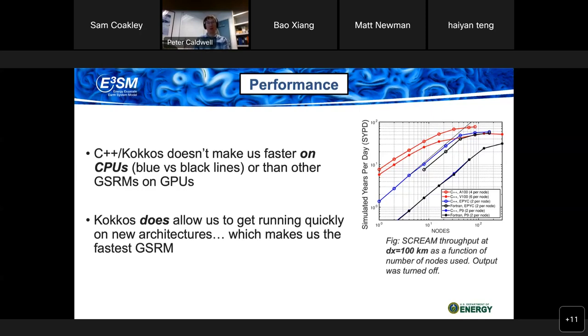So switching to C++ Kokkos doesn't make us intrinsically faster on a particular machine. But the thing that it does do, the thing that we intended it to do, and I think was super successful, is that it allows us to get onto these new architectures more quickly than everybody else. And I think that is going to make us the fastest GSRM. I think it has made us the fastest GSRM.